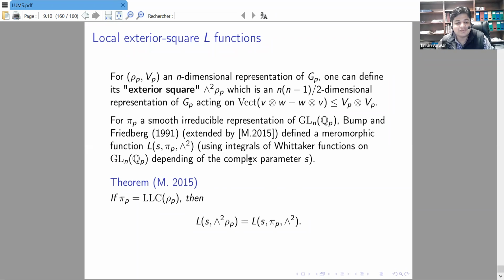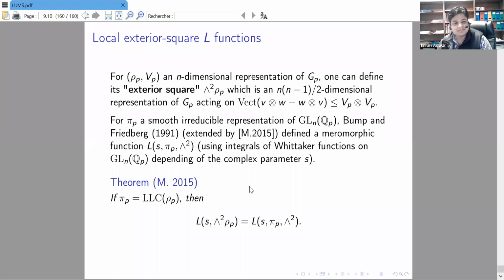And what do you mean by of interest of the Galois type? What does it mean? So you see, to each representation rho_p of the Galois group, local or global, you have an L function attached to it, okay?